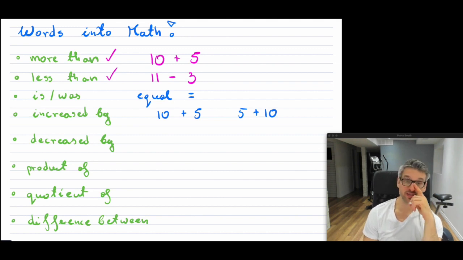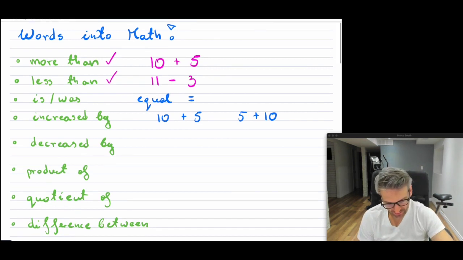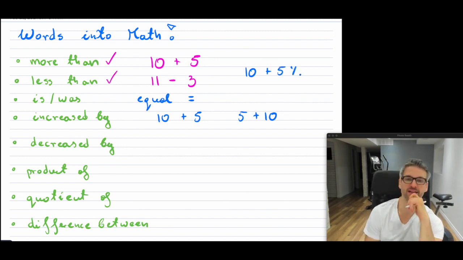Where students run into problems is when you start increasing by a percent. You can say, for instance, 10 increased by 5%. A lot of students just write it like this. This is incorrect. When you're increasing by a percentage, it is 5% of the original.